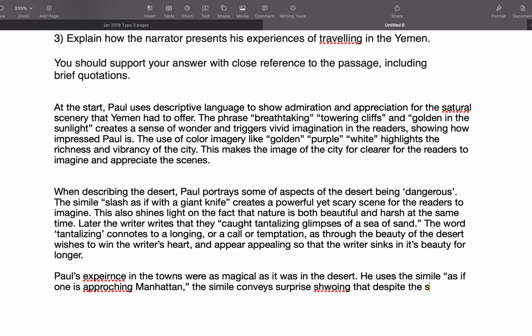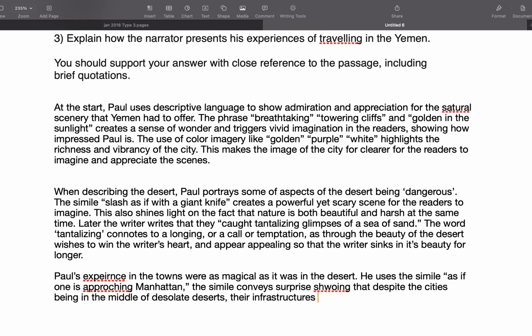despite the cities being in the middle, they didn't say this, but we can say middle of desert, desolate desert. You could use alliteration, desolate deserts. Their infrastructures and buildings.